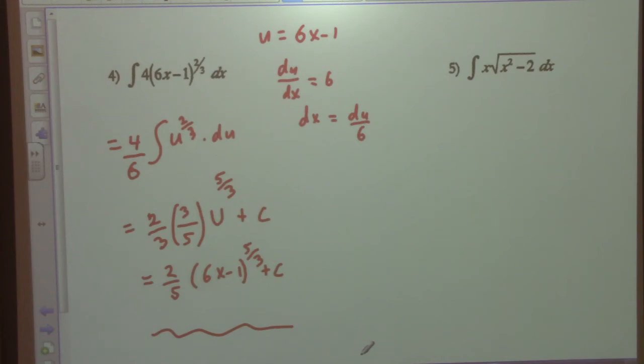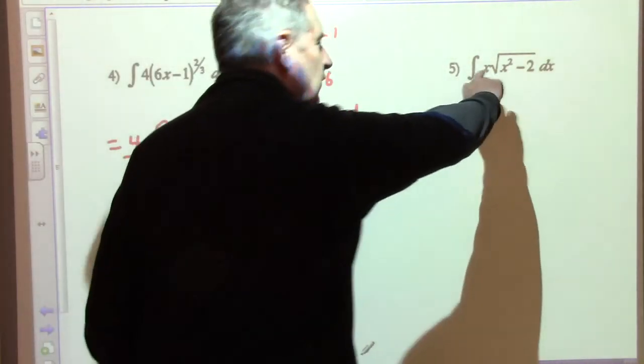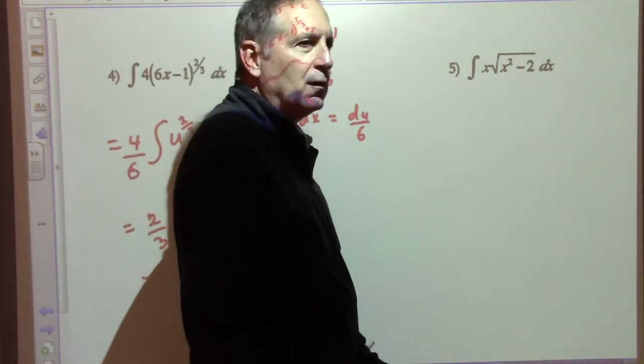Now, looking at problem 5, that looks tough. Yeah, it does, but let me show you how you gotta look at it. This x on the outside sort of complicates things, right?